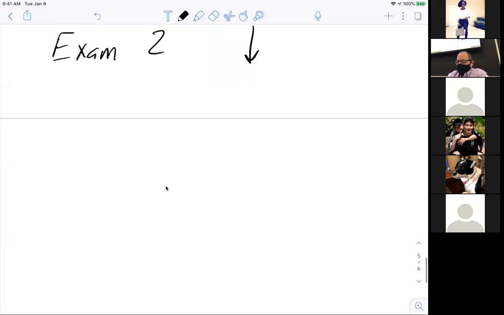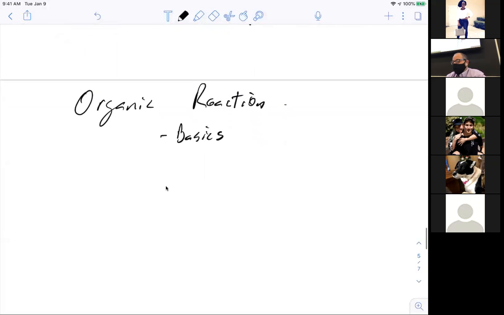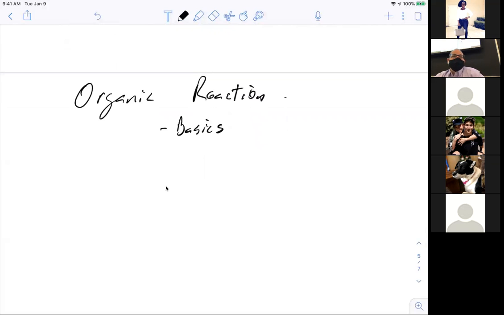Okay, so exam two, what we're getting into here is organic reactions. I think the book calls it an overview. I'll call it the basics. So we're not going to be looking in particular at organic reactions.